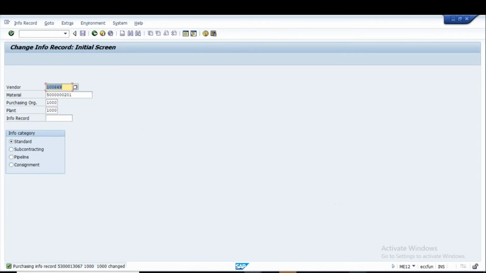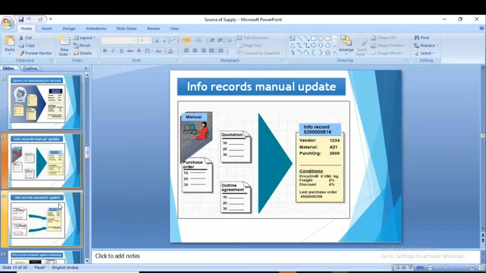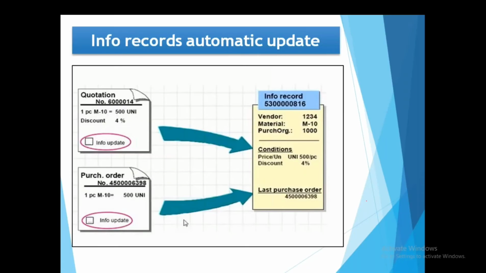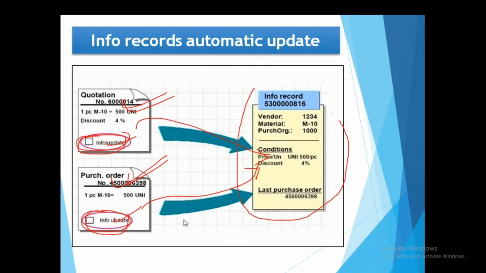Okay, you can update. Now the other method is you can update the info records automatically from a purchase order or from a quotation, provided you activate this indicator, info update. Whenever you activate this info update, the system will automatically update the prices, everything, into the info record.